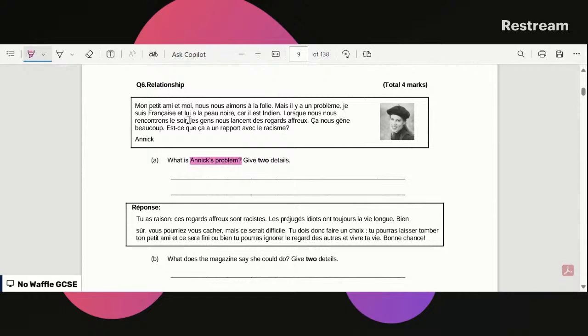Mais il y a un problème. Je suis français et lui a le peu noir. What? Is that the problem? Okay. I don't know why it says that.